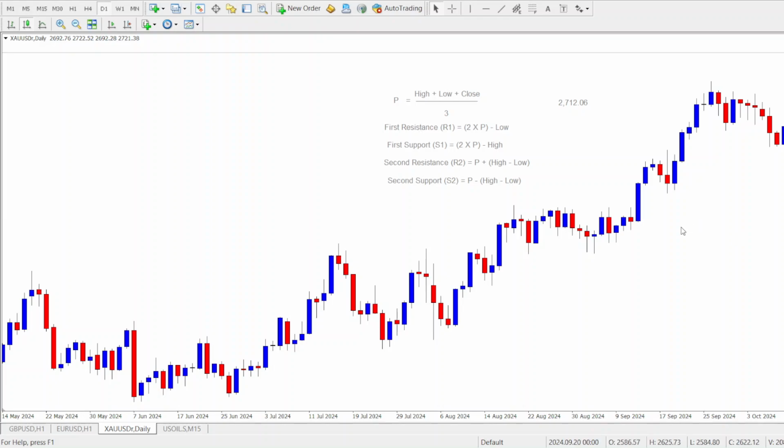So now, because we use this particular candle to calculate our pivot points, we're just going to be writing out the high, the low, and the close for that particular candle. Our high is 2722.52.